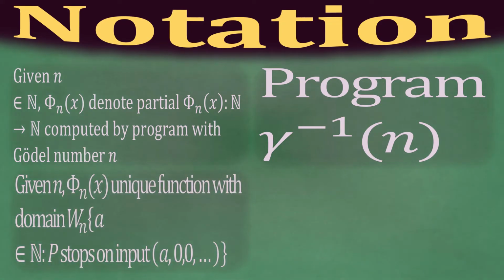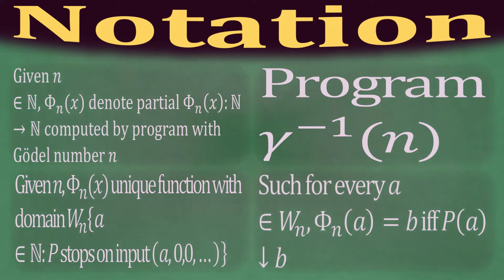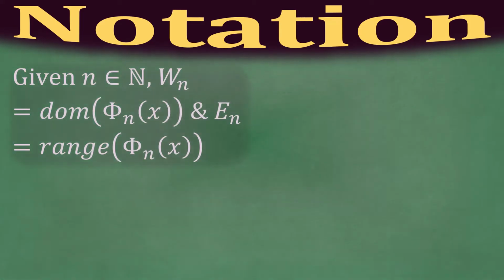Hence, given n, phi_n(x) is the unique function with domain W_n equal to the set of all a in the naturals such that P stops on input a followed by infinite zeros, such that for every a in W_n, phi_n(a) equals b if and only if P(a) halts with output b. Also, given n in the naturals, let W_n equal the domain of phi_n(x) and let E_n equal the range of phi_n(x).